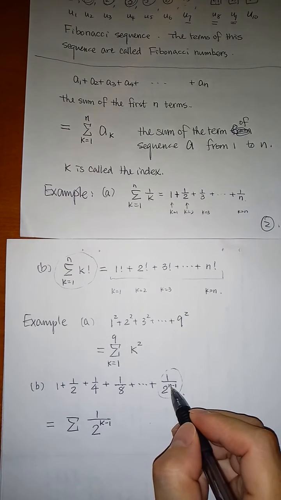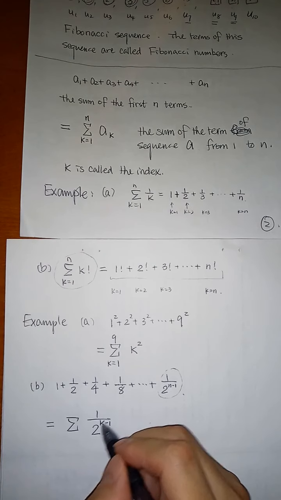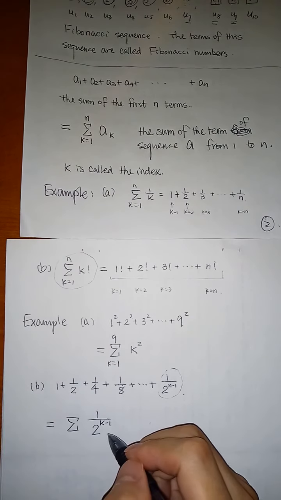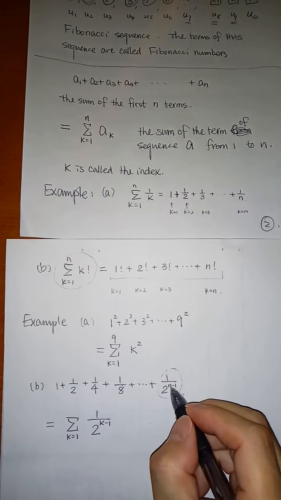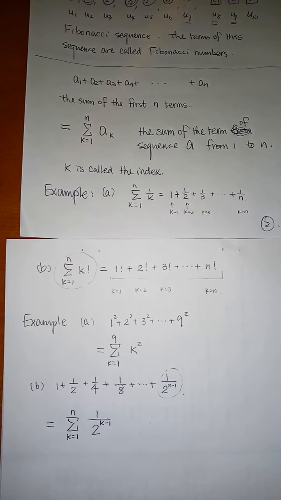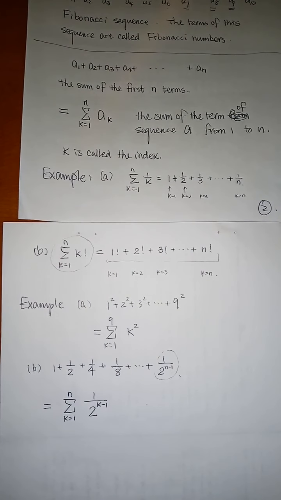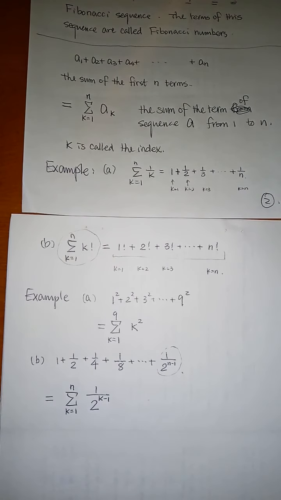You see, when k is 1, 1 minus 1 is 0, 2 to 0 is 1, so that's why here is 1 over 1 is 1. So it implies k is from 1, k stops at n. So when you have the general term, to write the sigma symbol is relatively easier. Okay, that's from the long form to the compact form.